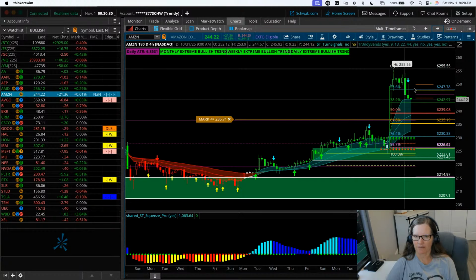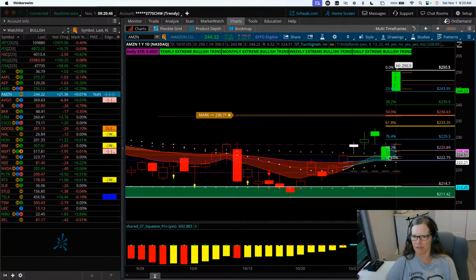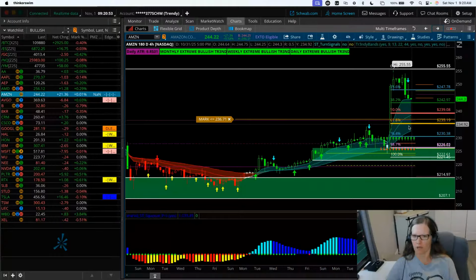Amazon felt that effect, just measuring this big imbalance candle. This would be the golden profit area for a trade for a week. It is above this move, this measurement on the daily, but I'm going to focus on this daily for now.